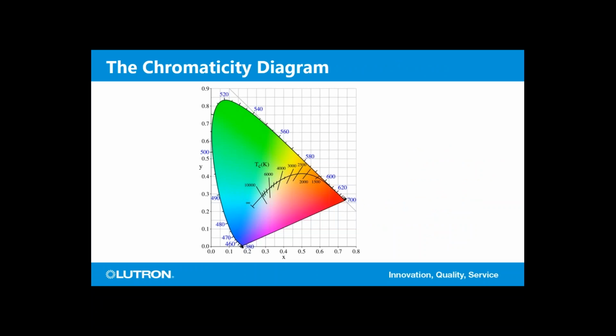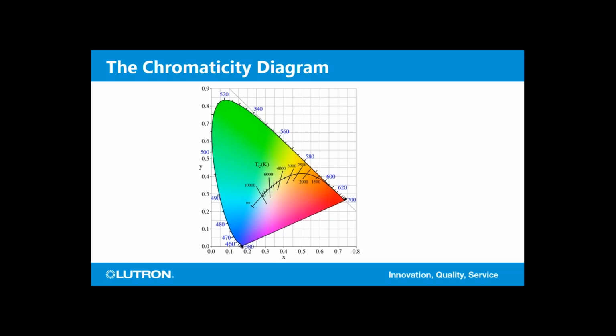The chromaticity diagram is a color space for us to be able to do various calculations that we need to describe color. In fact, the line that you see going across the middle of that diagram is how we calculate correlated color temperature. You can see the different temperature lines there. Around the outside would be monochromatic light. If you just had a single wavelength of color of light, that's where it would plot around the outside.